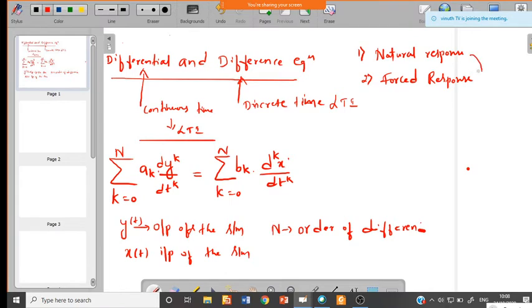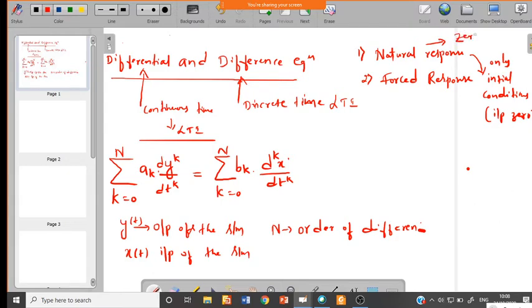The natural response is the output of the system evaluated using only initial conditions. Here we are treating the input as 0, so this natural response is also called the zero input response.